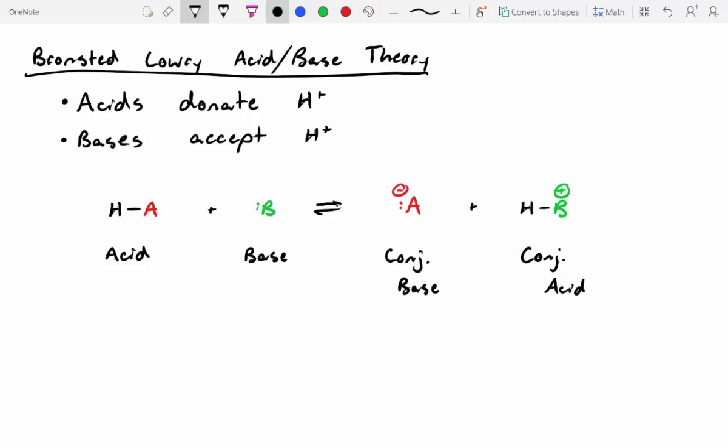What does the arrow in between represent? Equilibrium arrow. So oftentimes this transfer of protons isn't a one-way street. It can occur in both directions. It could be 50-50. It could be 99.999999% on one side and 0.000001% on the other side. But oftentimes we show this transfer using equilibrium arrows because technically you could show it going both ways.